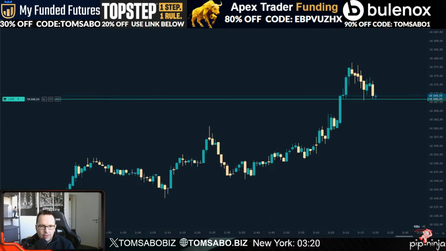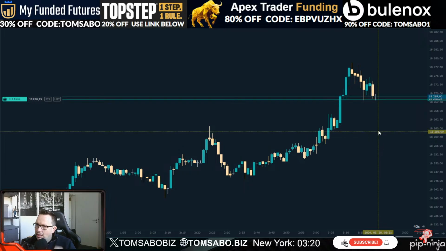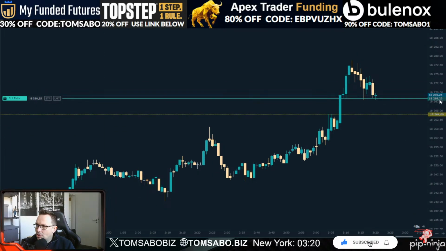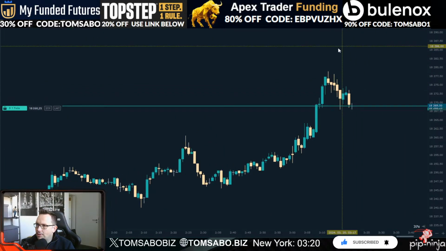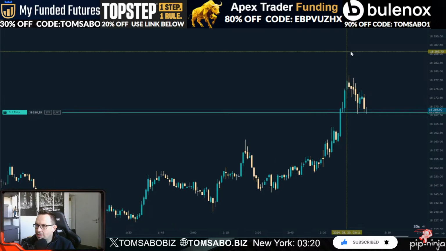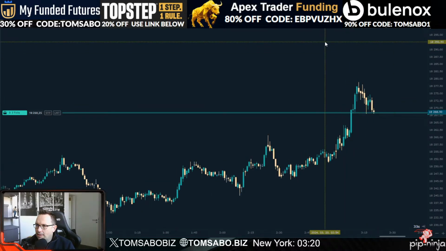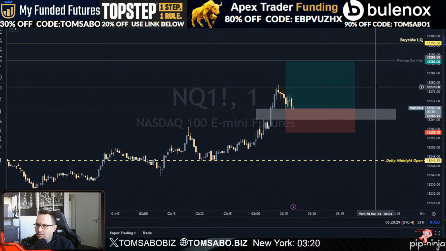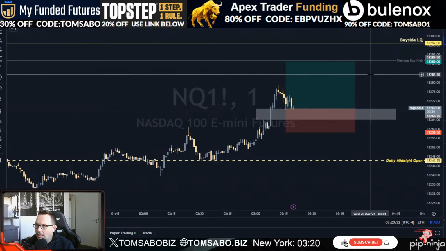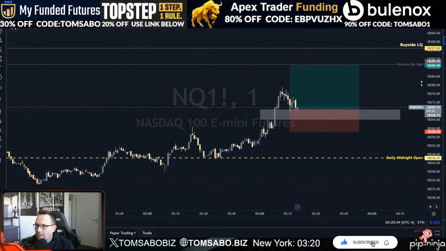3 micros. Yeah, I just got filled. All right. So it's gonna be a small position. I'm looking for the liquidity run to take out yesterday's high. I did like this nice displacement here. We have good targets up there at 89.